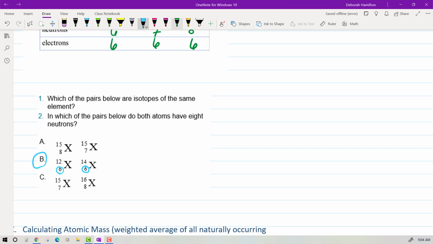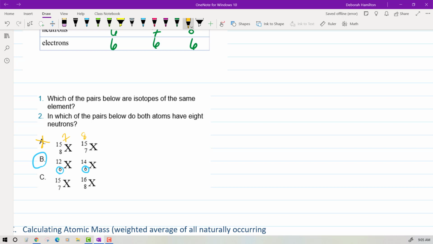All right, question number 2 asks, in which of the pairs below do both atoms have 8 neutrons? Remember, neutrons can vary within isotopes, and it's apples and oranges when you take a look at different elements. Okay, so if we take a look at this first set, 8 from 15 is 7. 7 from 15 is 8, so this one's not right.